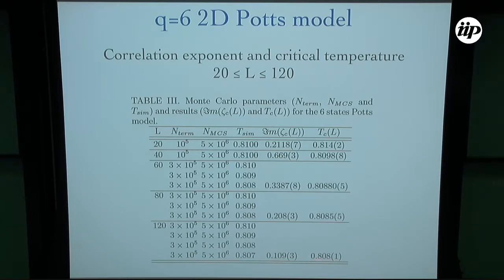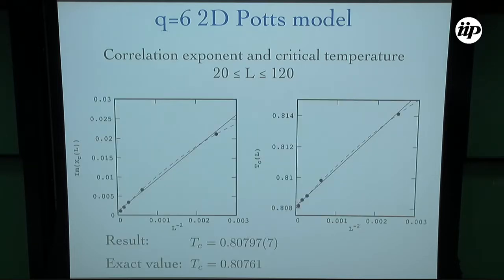So we use different temperatures here and multiple histogram reweighting to use our algorithm. So we get estimates for the critical temperature and the imaginary part of the zeros that, again, follow the expected power law. In this case, we do expect that it scales with the system volume.